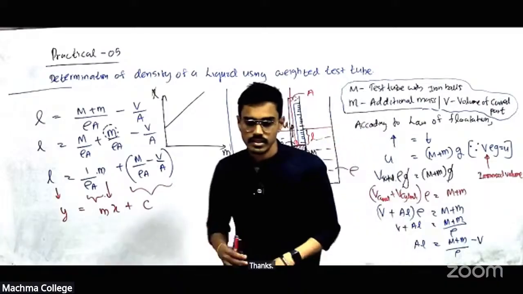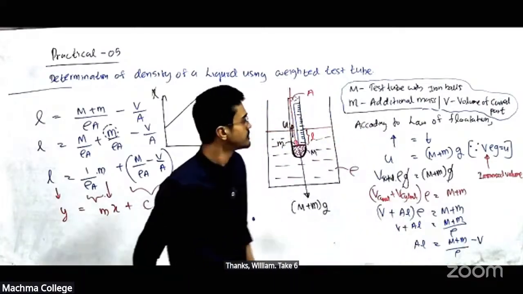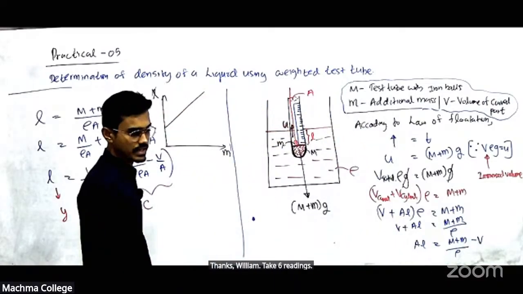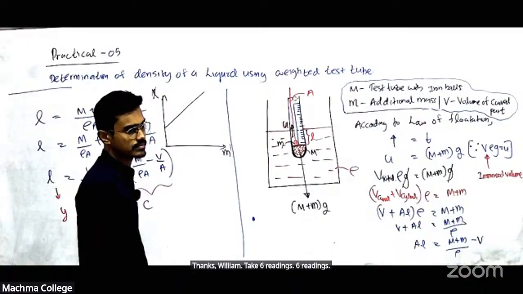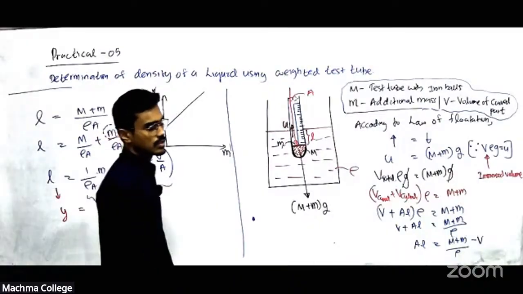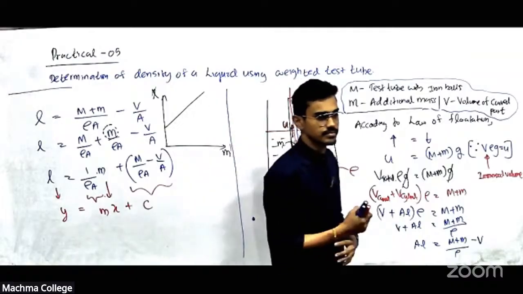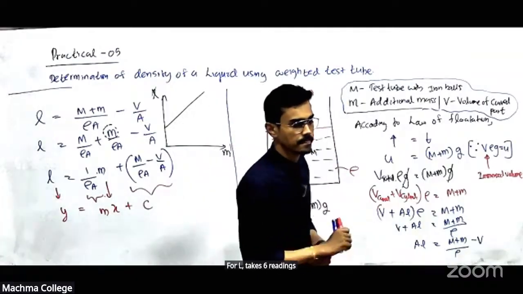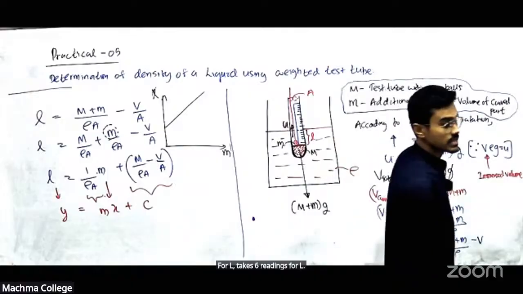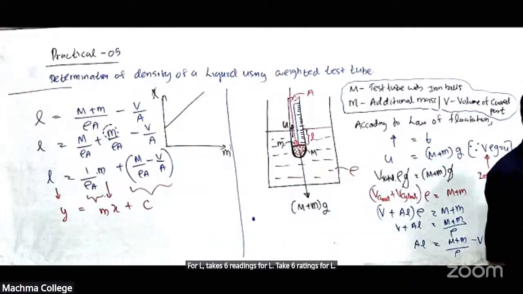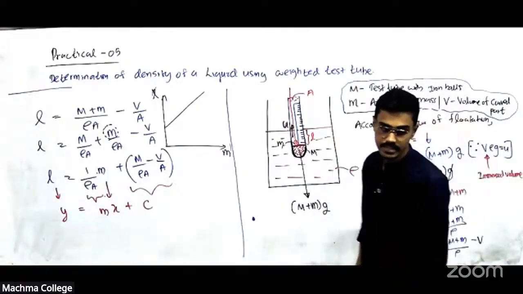Next point, take 6 readings for L, for 6 instances.